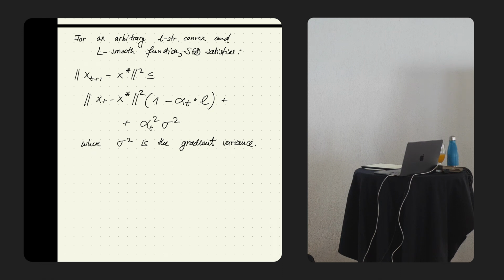However, we always get pushed back by something proportional to the noise times the learning rate. So the game here is to control the learning rate so that the decrease in distance to the optimum is large enough that you're always making progress towards it, but the learning rate is not so large that it blows up your variance term.